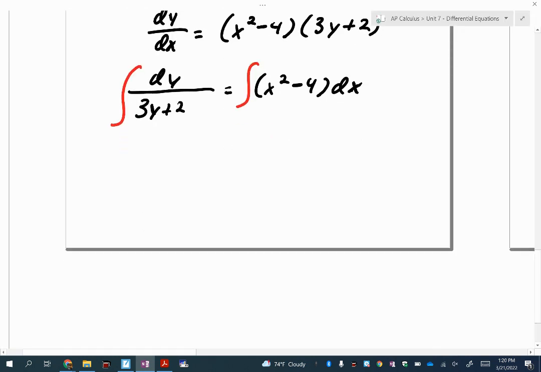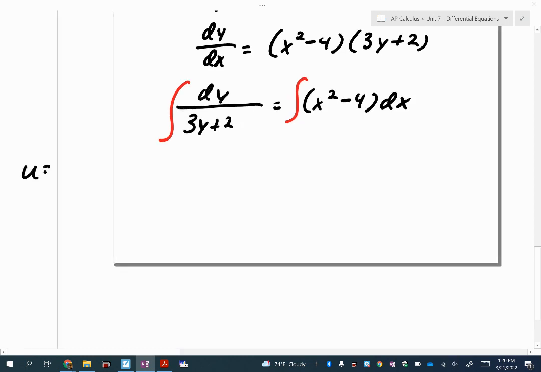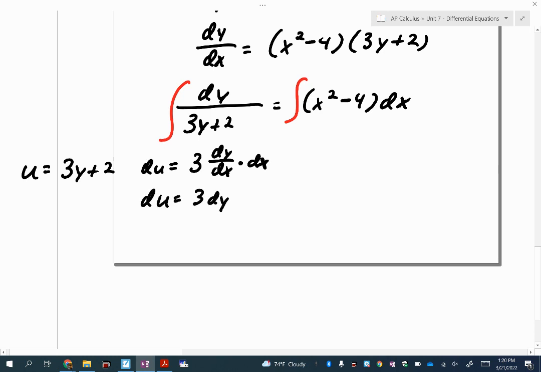The one on the left can be a little tricky, so I'm going to use u substitution here. u is equal to 3y plus 2. Then du is going to be equal to 3 dy. Now you'll notice that in the integral I'm looking at, it has only dy, not 3 dy.